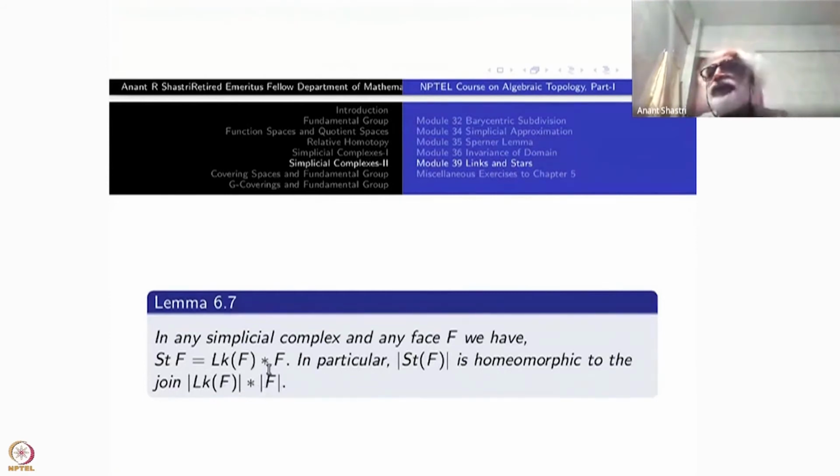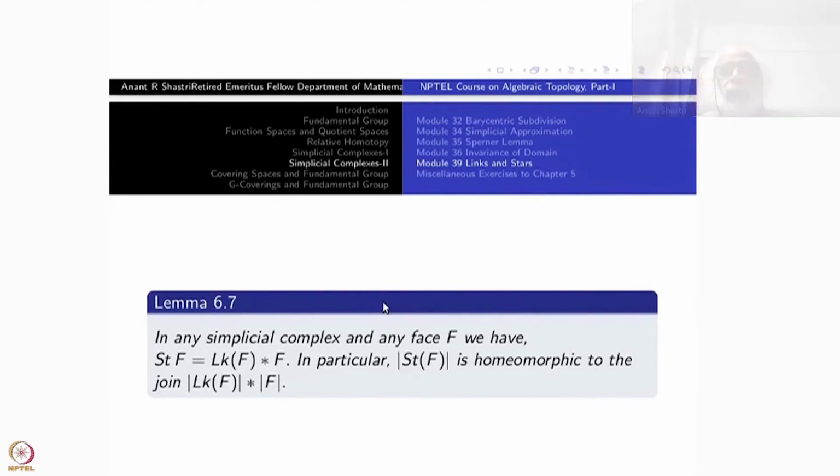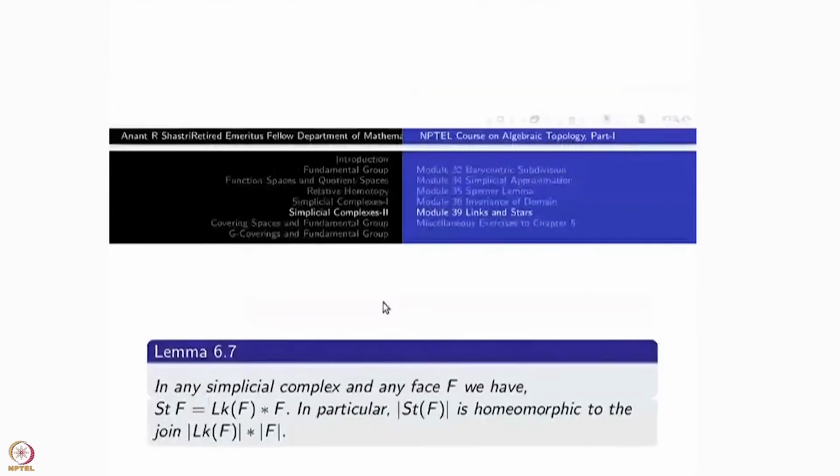This part we have already seen. For any K1 and K2, you first take the join, and then take the underlying topology, the mod of that, which is the same thing as first taking the mod and then taking the join. So only this part you have to check. And this is precisely the kind of thing I did here.